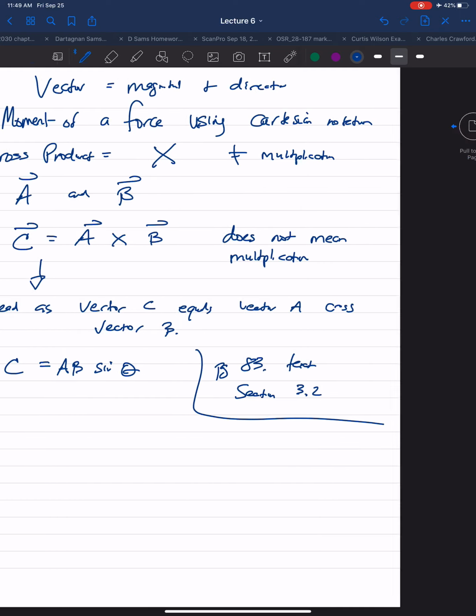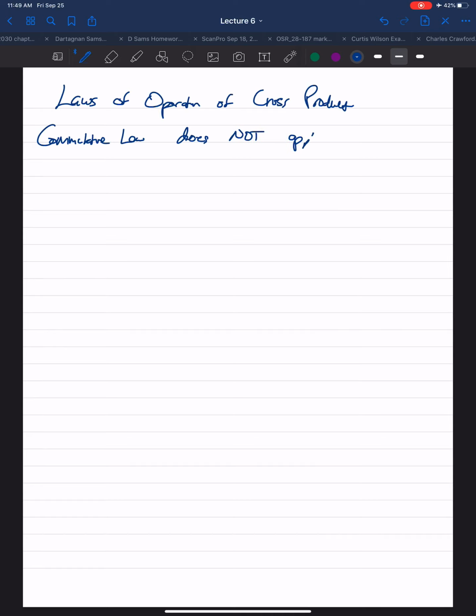So let's go over some laws of operation of cross products. The commutative law does not apply.